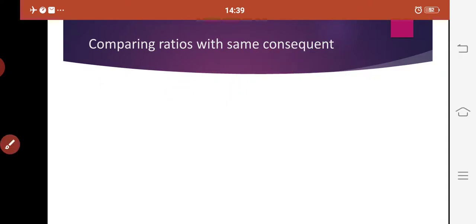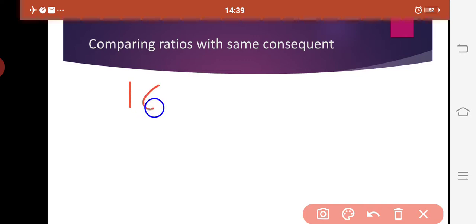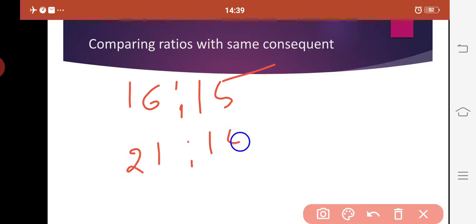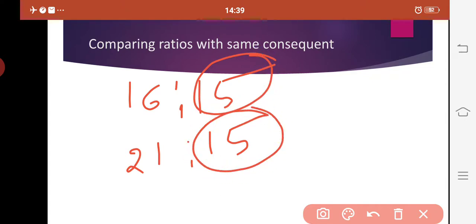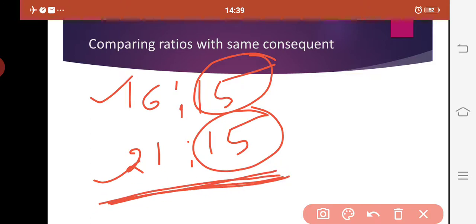For example, 16 ratio 15, another one is 21 ratio 15. Now since this is same, therefore we simply need to compare the antecedents. Now in this 21 is greater, therefore the ratio corresponding to this, that is 21 ratio 15, will be greater.